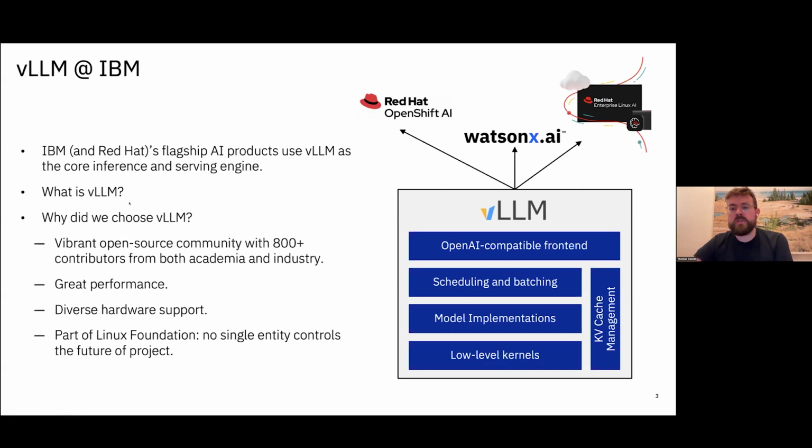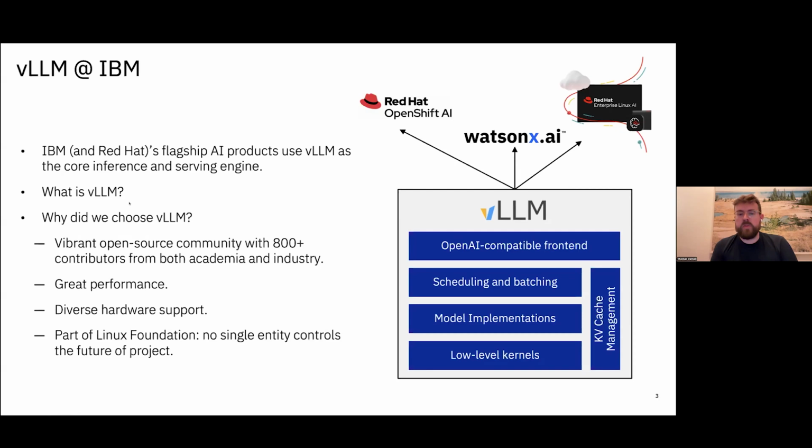vLLM is not the only framework for serving large language models. There's quite a large number of other projects from NVIDIA, Hugging Face, and others. So why did we at IBM choose vLLM? I think the first and foremost reason is that vLLM has evolved into a really vibrant open source community.